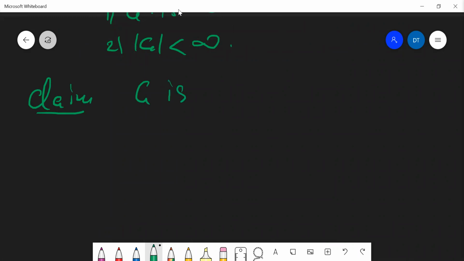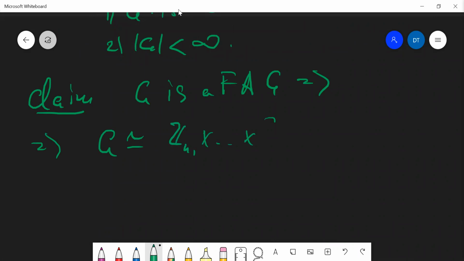If G is a finite abelian group, then G is isomorphic to a product of cyclic groups. So there are no other finite abelian groups. Every finite abelian group can be presented in this form. This form is not unique. We will discuss the uniqueness later.